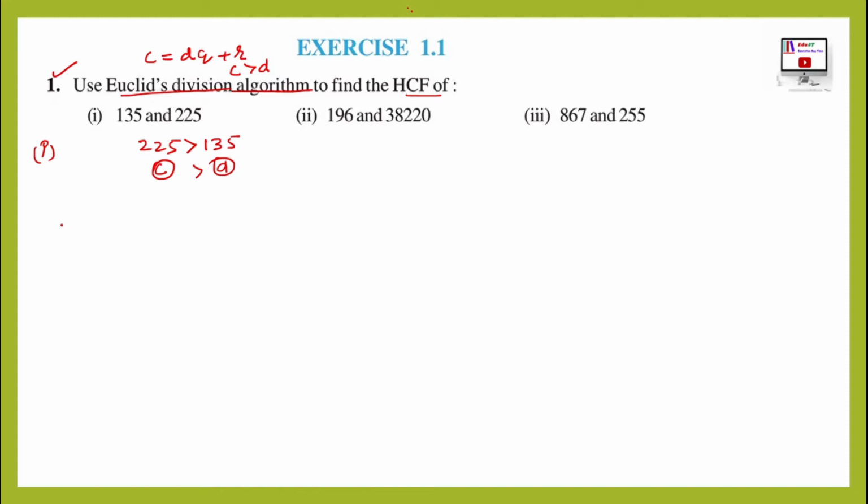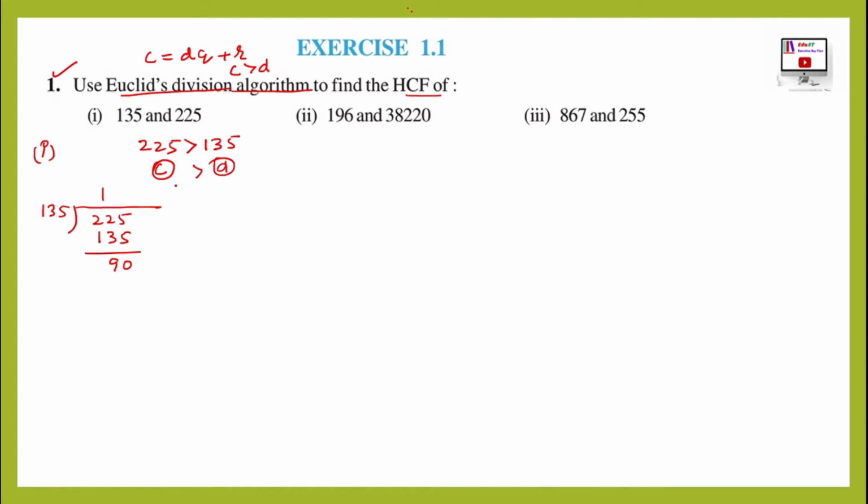Now, as per the long division, अगर इसको divide करें 225 को 135 से, so ये 1 times जाएगा, so 135. Now 90 is remaining. Remainder is not equal to 0. So now new numbers will be 135 and 90.